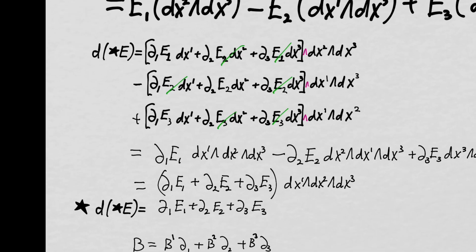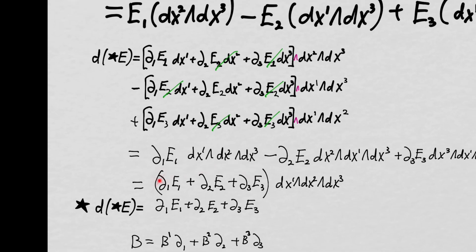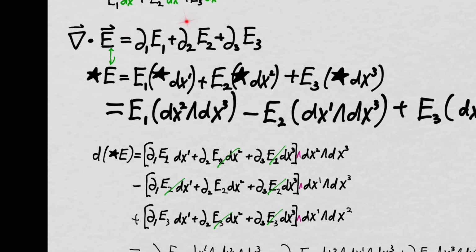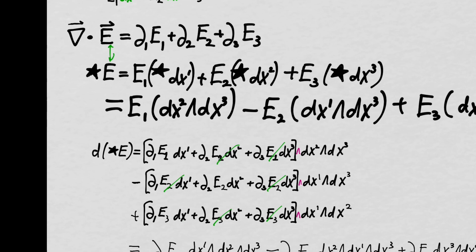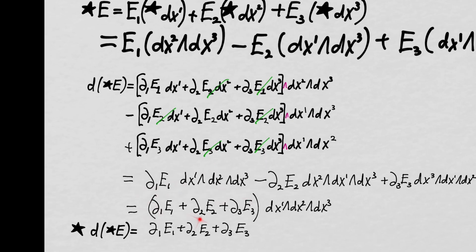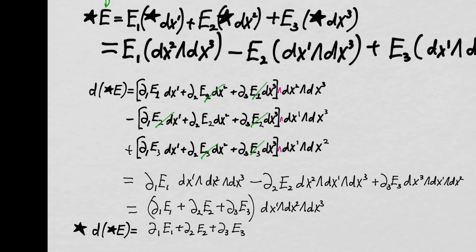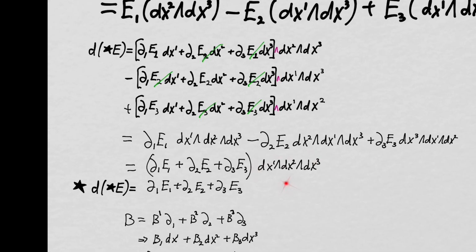Now we start realizing that the coefficient of this looks a lot like the Gibbsian definition of the divergence. The Gibbsian definition of the divergence lands as the coefficient of the 3 form that results from taking the exterior derivative of the Hodge dual of the electric field. But that's not what we want. If we're interested in purely extracting the divergence, we have to get rid of this thing.